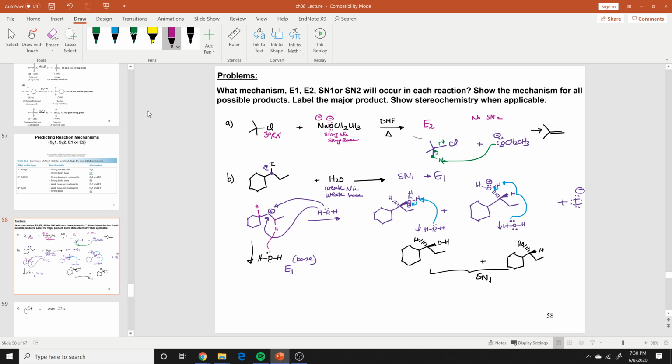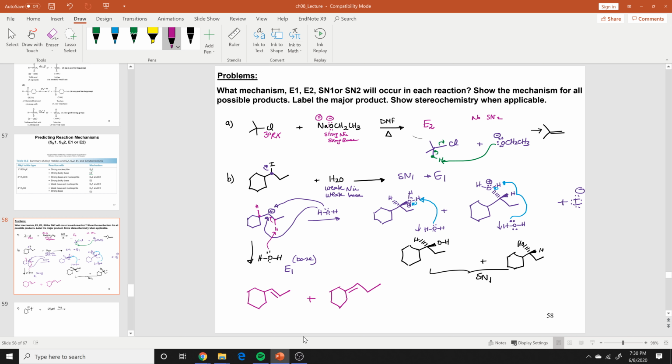So the base can come, take this beta hydrogen, form a double bond, and I'm going to end up getting my first E1 product, plus the base can come, take this beta hydrogen, form a double bond, and I'm going to end up getting my second E1 product. We draw it right over here. So that is my second E1 product there. So 1, 2, 3. This is 1, 2, 3.